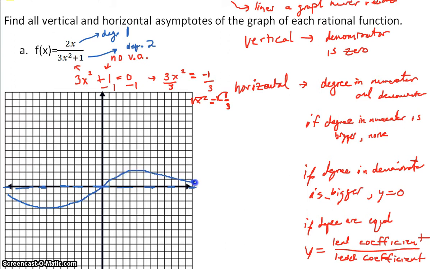Okay, and again, what you need to know is that a vertical asymptote you never cross. A horizontal asymptote is more of a guideline.